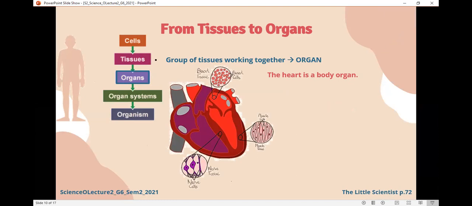Can you please give me names of organs inside your body? Examples of organs.